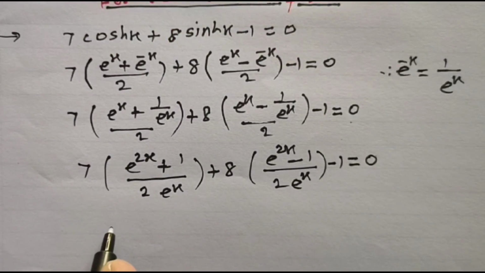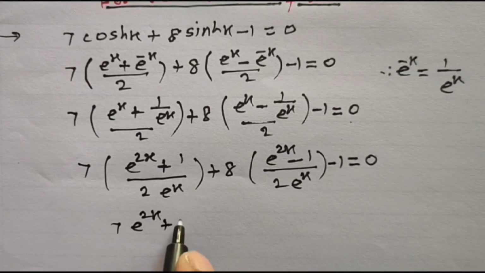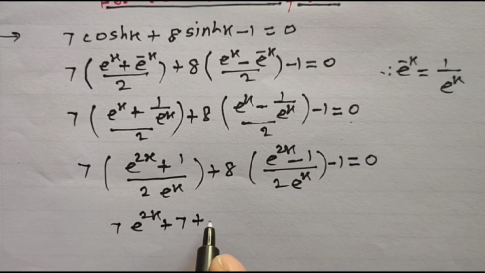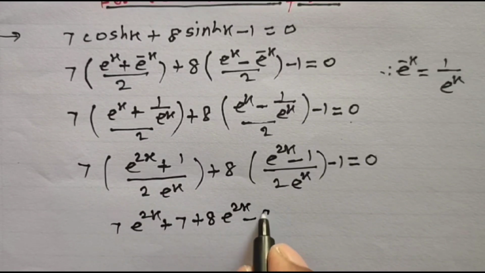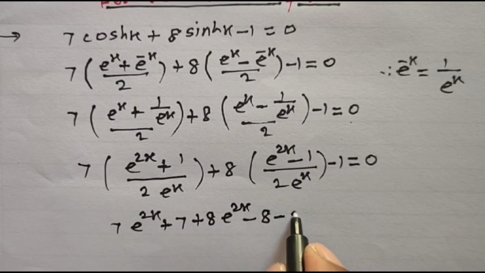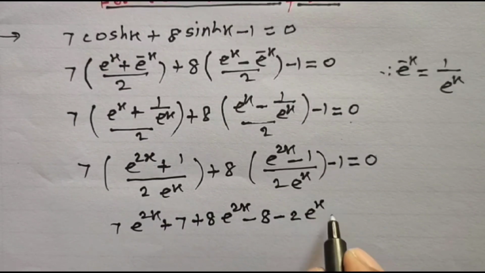Hence 7 times e to the power 2x plus 7 plus 8 times e to the power 2x minus 8 minus 2 times e to the power x is equal to 0.